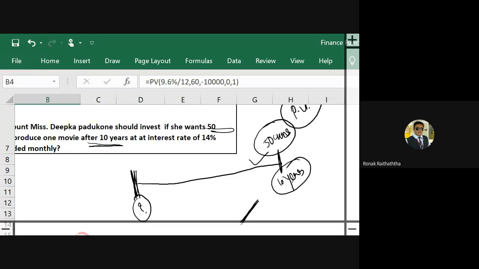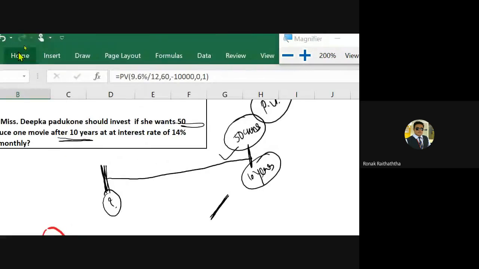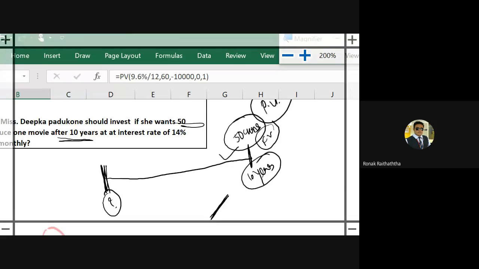May I have the answer, please? Is it a future value given to you or present value given to you? The given is the future value. Right. You are supposed to find the present value.